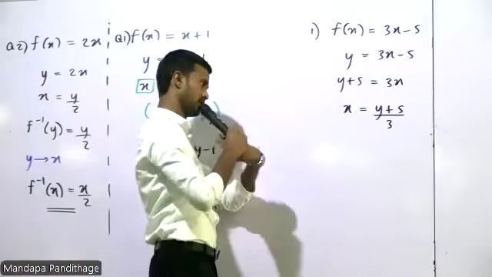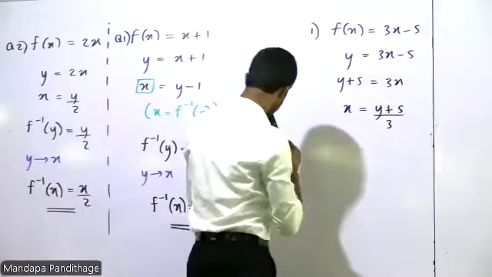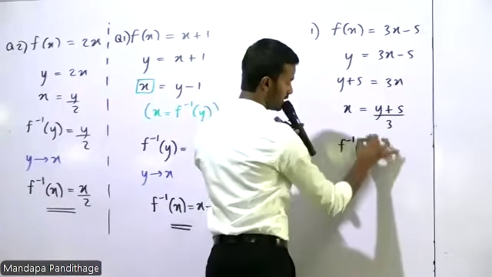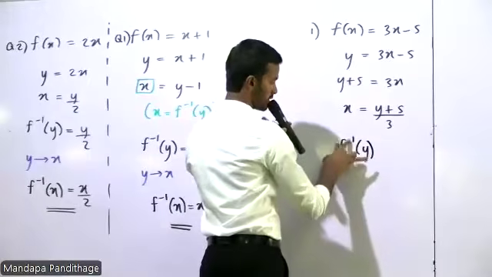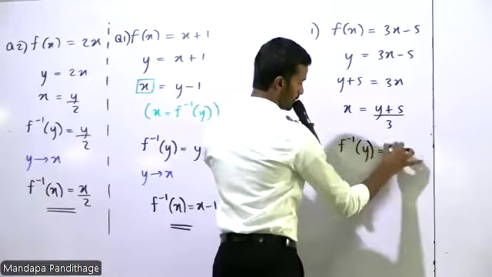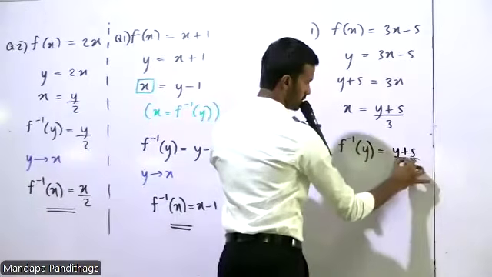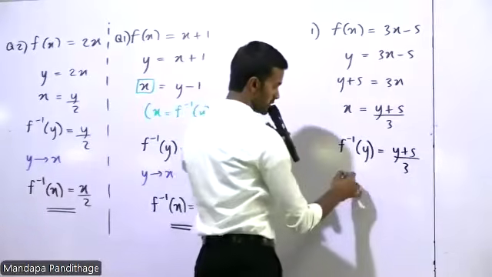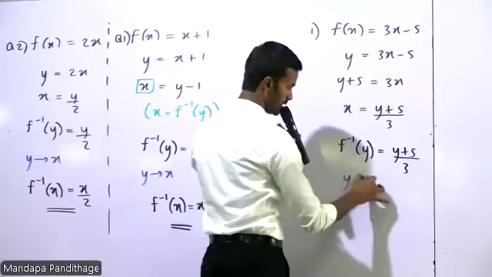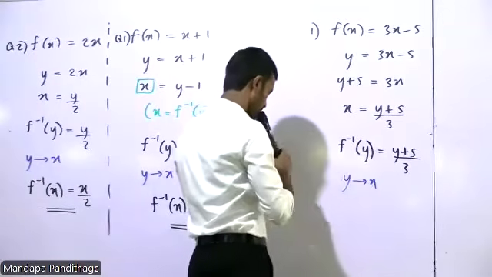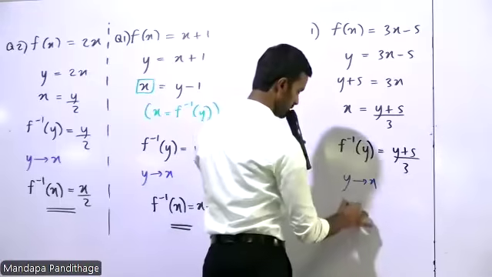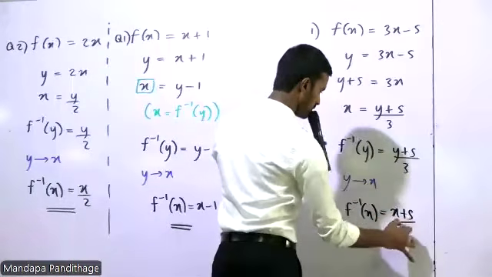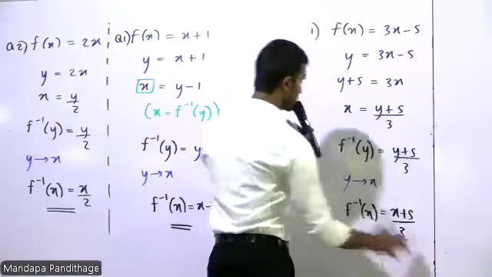So when you subject x, you get f inverse y, which is (y plus 5) over 3, but you need to find f inverse x. So change your variable y into x. So f inverse x becomes (x plus 5) over 3. Clear?